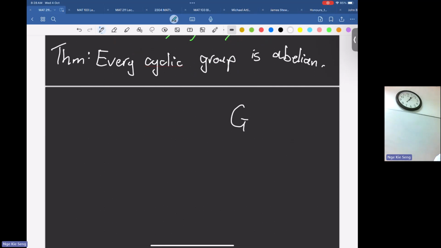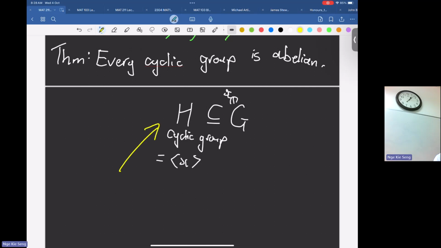In every group, we can find a cyclic subgroup. How to build a cyclic subgroup? The easy way: we just take an element in G and then compose it forever. And this group, by the theorem, is abelian.